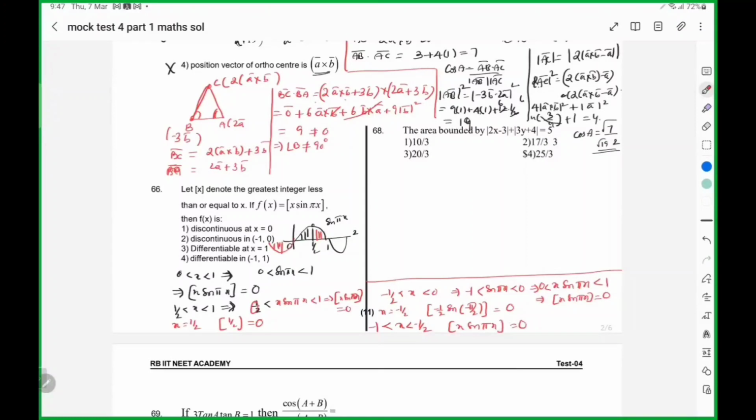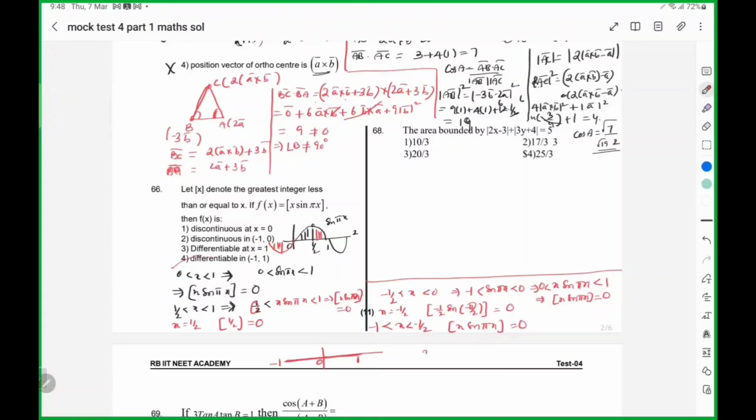The total graph will be: between 0 and 1 it is 0, -1 to 0 also 0. It is in fact a constant function, continuous and differentiable in the interval -1 to 1. Whether it is differentiable at the boundary or not, how do we know?